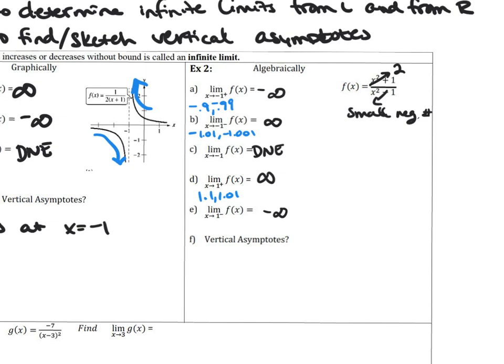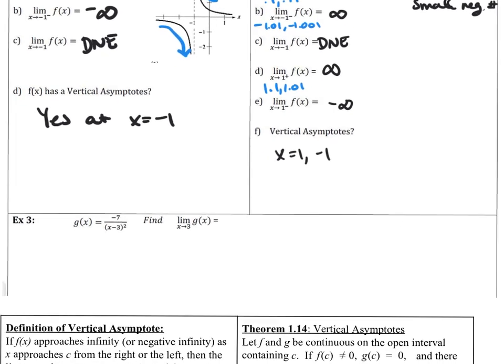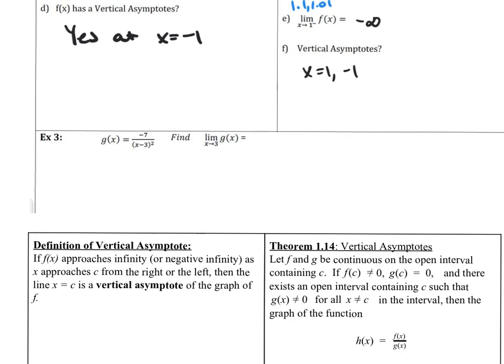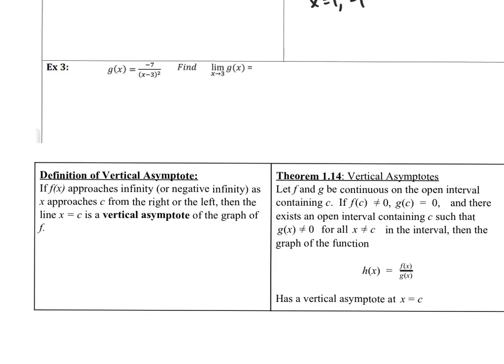So because we're approaching infinity and negative infinity, we know that there are vertical asymptotes at x equals 1 and negative 1. And this is actually a theorem or a definition that we can look at down here. It says that if f of x approaches infinity or negative infinity, as x approaches some number from the left or the right, then the line x equals c is a vertical asymptote.